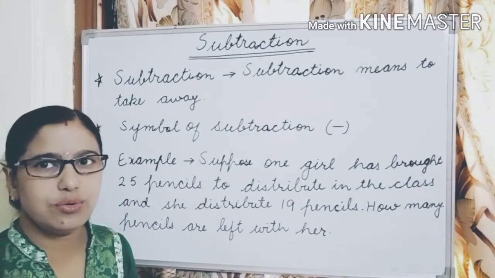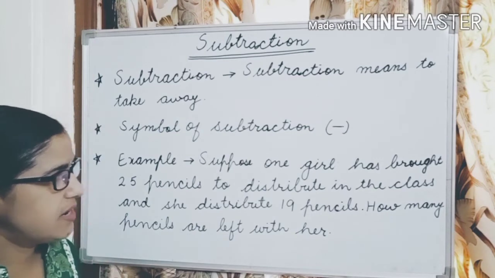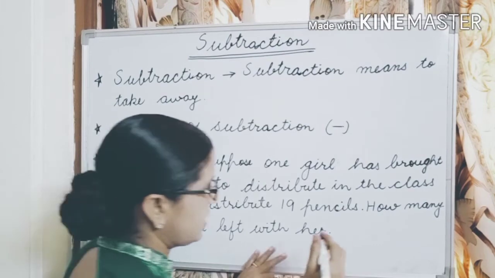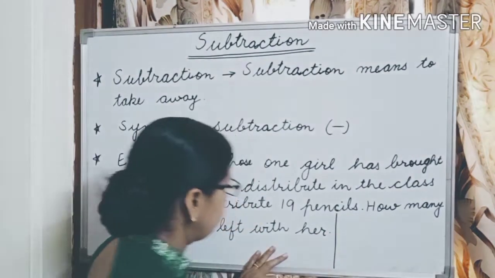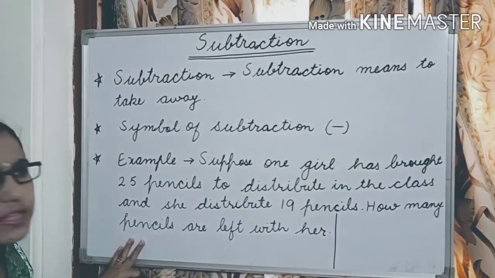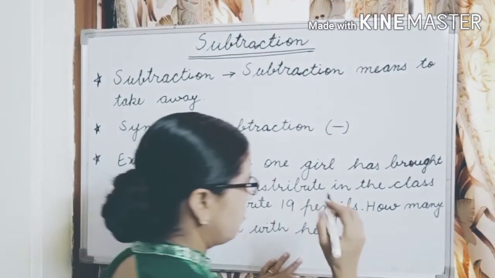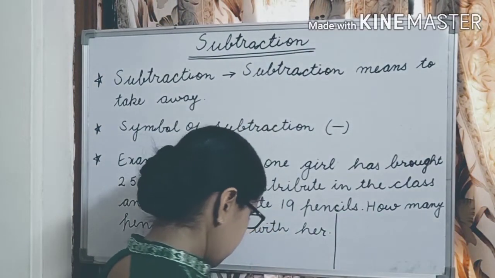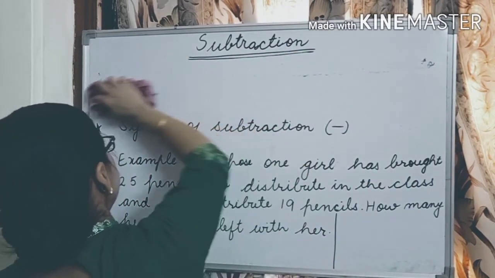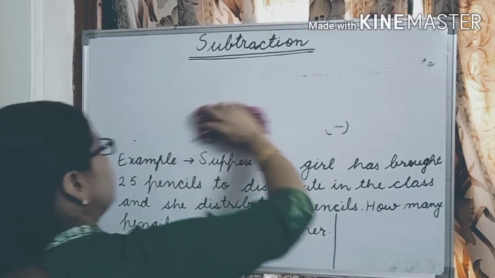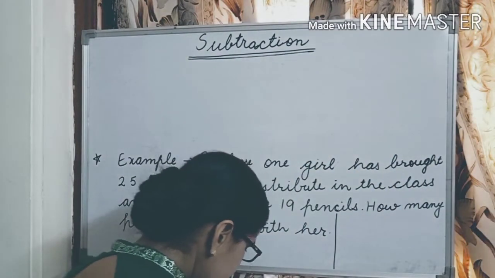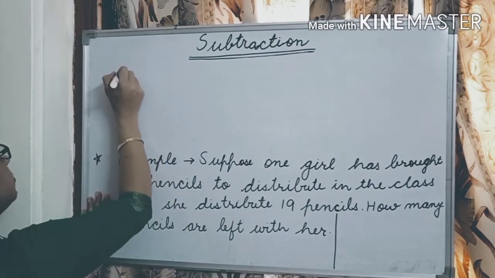Then what you have to do? You have to find how many total pencils were there earlier. How many total pencils were there? 25. These total pencils were there earlier. Here I will write: how many pencils does that girl have? 25.